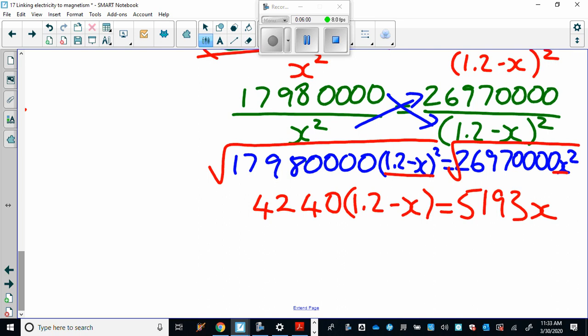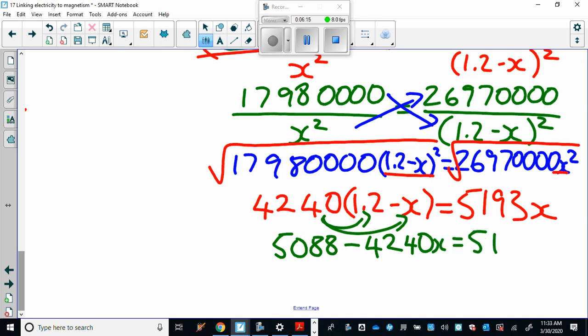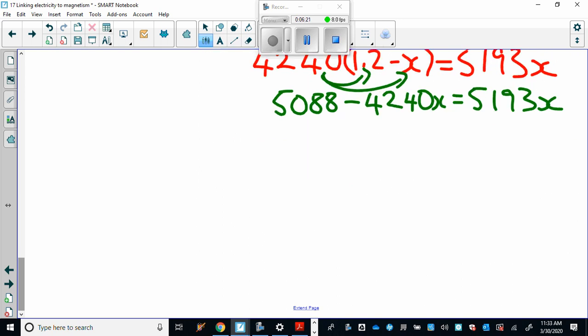We can distribute here, and that's going to give us 5,088 minus 4,240x equals 5,193x. Get this little guy over here by adding to both sides.